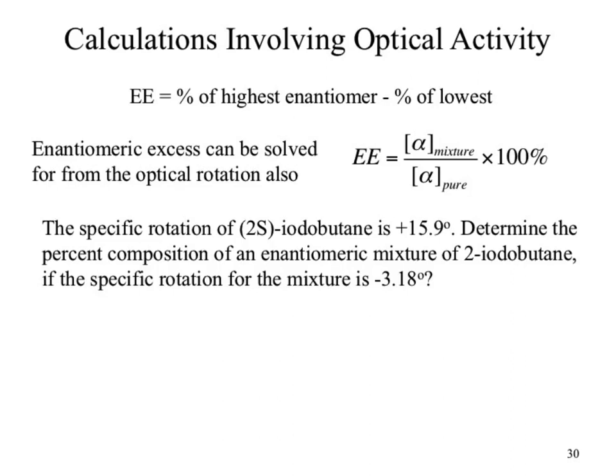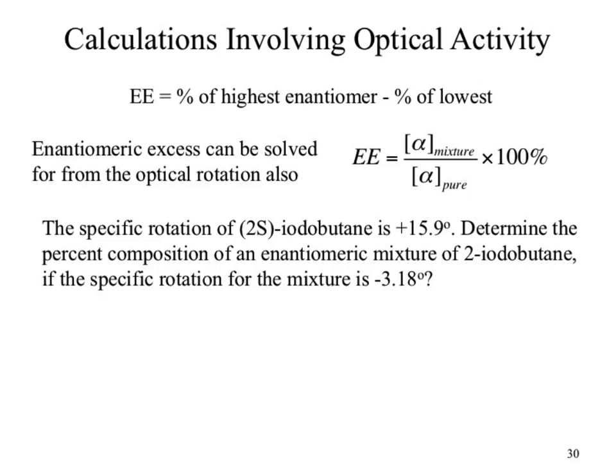100% R? Why not 100% R? If it was all R, what would its rotation be? Negative 15.9. Remember, enantiomers rotate light equally, just opposite magnitudes.